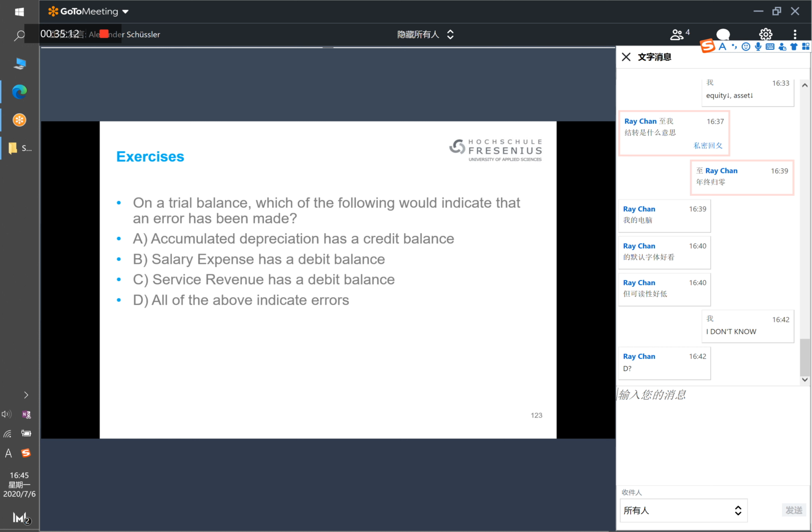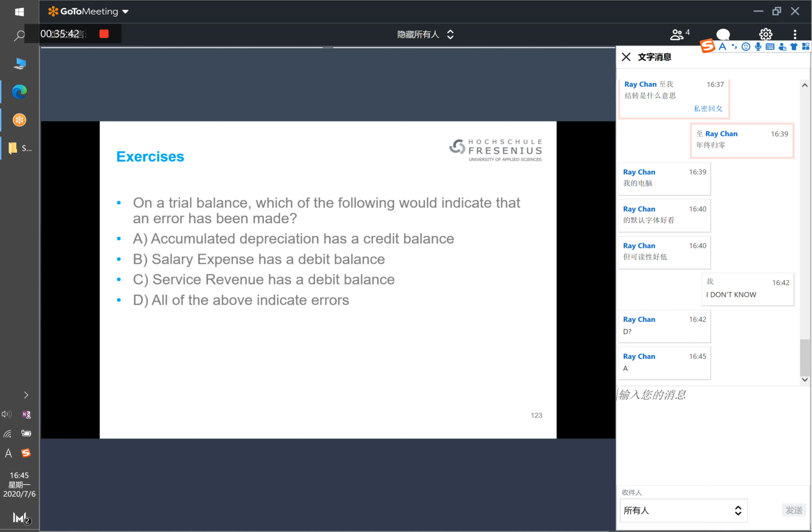Service revenue has a debit balance, or all of the above indicate errors?